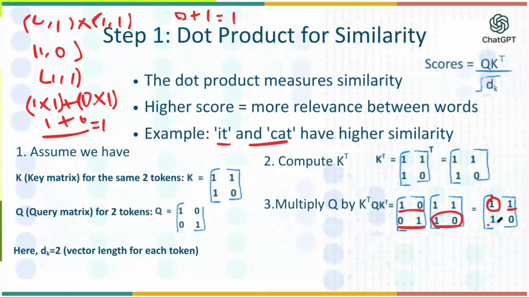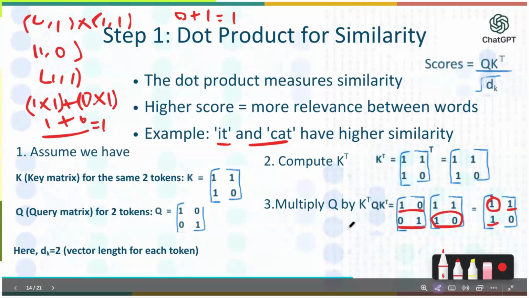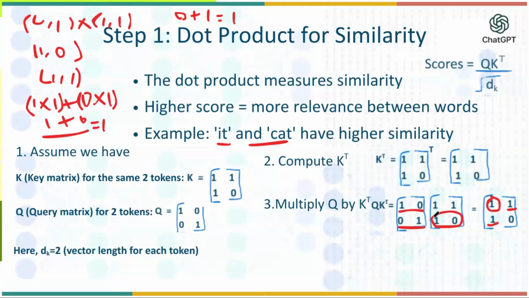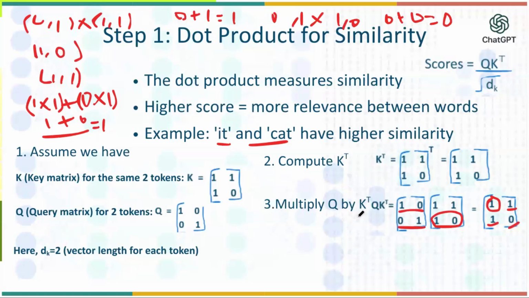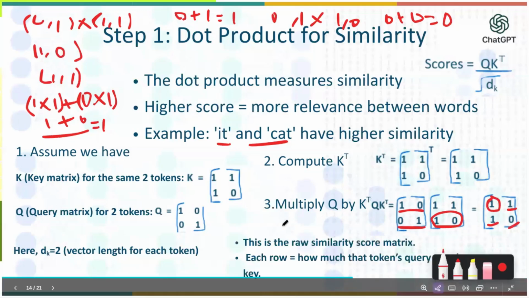Finally, we multiply the second row in the query matrix with the second row in the key matrix, that is 0, 1 by 1, 0. So 0 by 1 is 0, plus 1 by 0 is 0. That is 0. So the dot product of the query matrix by the transpose of the key matrix is 1, 1, 1, 0. So this is the raw similarity score matrix.